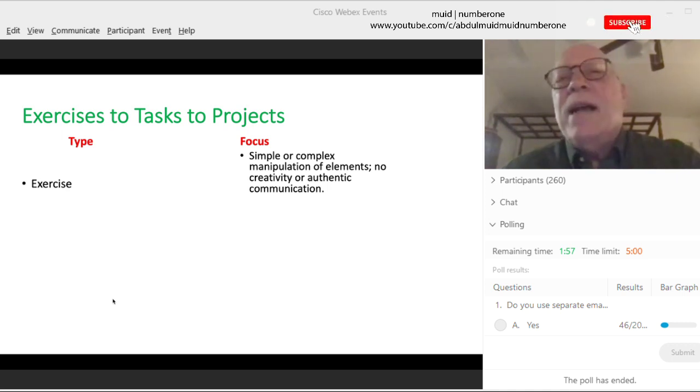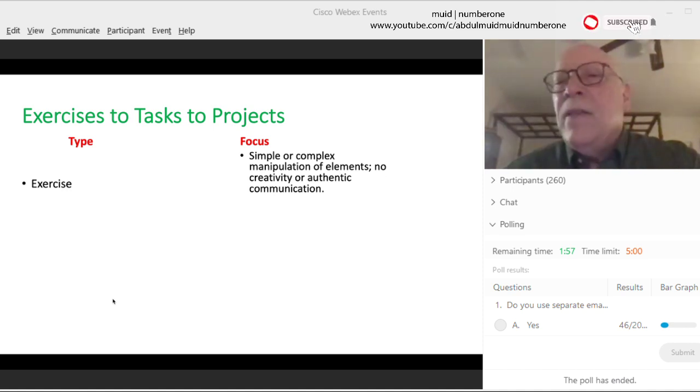So exercises are simple or complex manipulation of elements. There's no creativity or authentic communication. It's either a simple answer, yes, no, or it's changing forms from simple present singular to simple present plural, or something like that. It's just manipulation. It's not actually communication. So no creativity or authentic communication is involved.